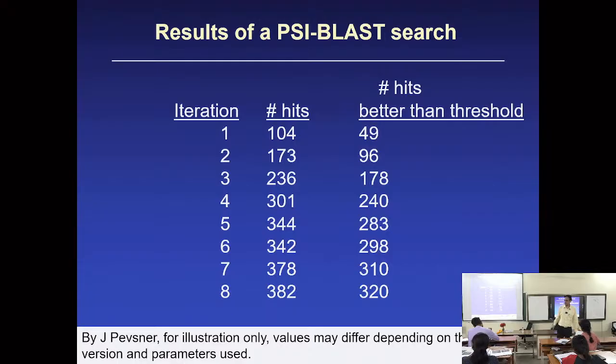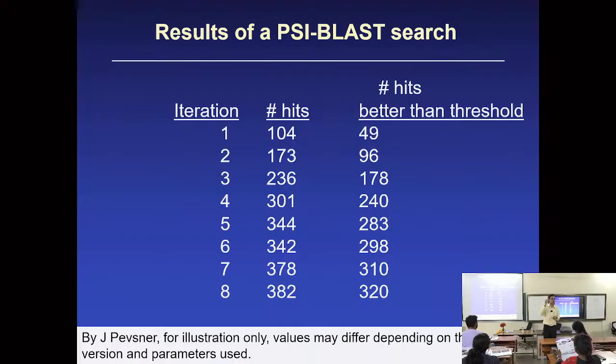So what PSI-BLAST does is it goes through iterations. In the first iteration, it will make the first matrix using the hits that it gets, and will use that matrix to find the homologs. You will get homologs, or you can say hits also.